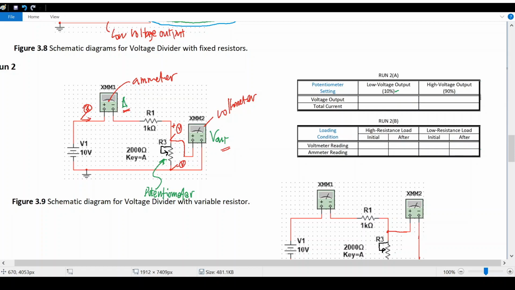So for run 2A, this is an unloaded voltage divider using a potentiometer. Set the value of the potentiometer to 10% of its maximum value, and then get the reading of the ammeter and the voltmeter. So you record the B out here and the reading of the ammeter.